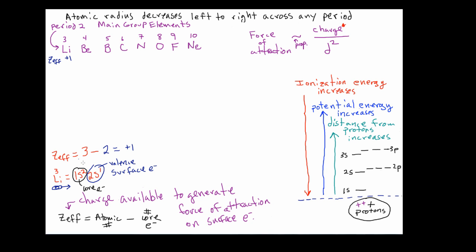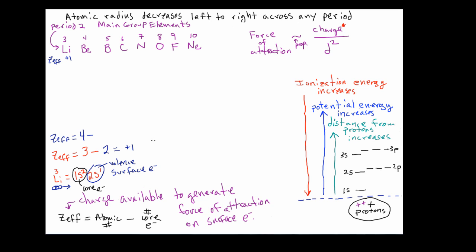All right, now, if we look at beryllium, we can utilize the same kind of argument. So for beryllium, the Z effective is going to be equal to 4, because that's the protonic charge, right? It's the atomic number. And we're going to be subtracting the core again.